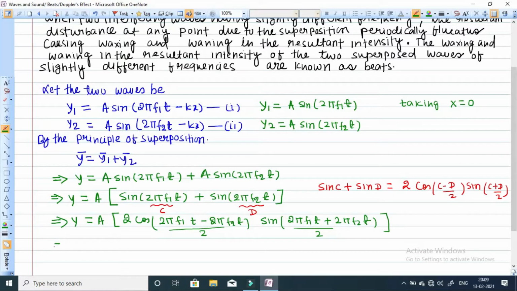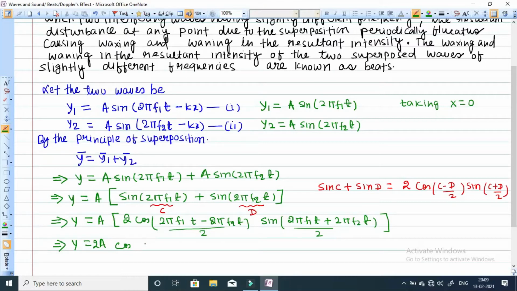So y equals a, it will basically become 2a outside, and the 2 cancels, pi also cancels. So basically we can write 2 pi (f1 minus f2), cos of, 2 pi t is common.